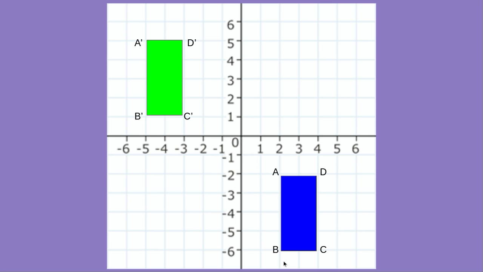Now let's take a look at B. B, 1, 2, 3, 4, 5, 6, 7. So it's translated 7 squares up, and 1, 2, 3, 4, 5, 6, 7. So B is also translated 7 squares up and 7 squares to the left.